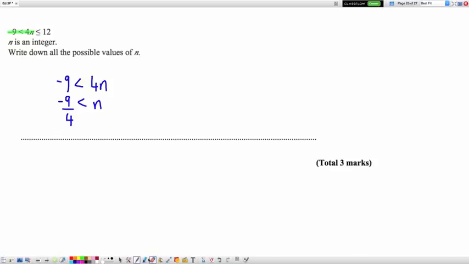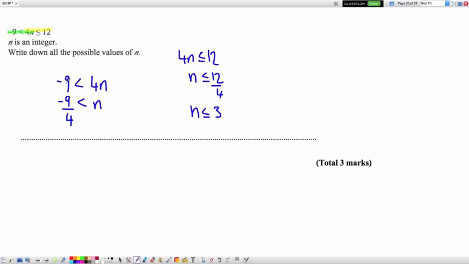We then solve for the right-hand side using this part here. For n is less than or equal to 12, divide by 4 again. We have n is less than or equal to 3. Now remember, it needs to be a whole number. So we can see here that 9/4 is 2 point something.